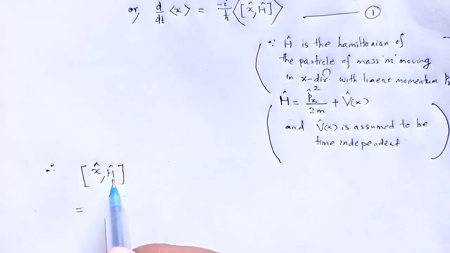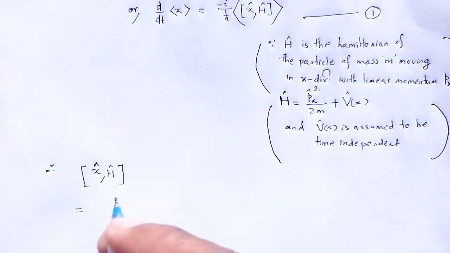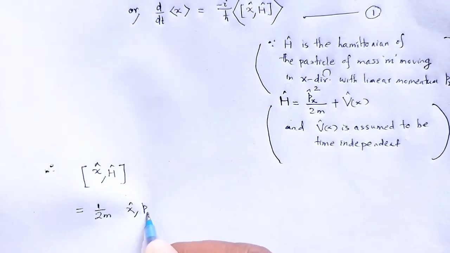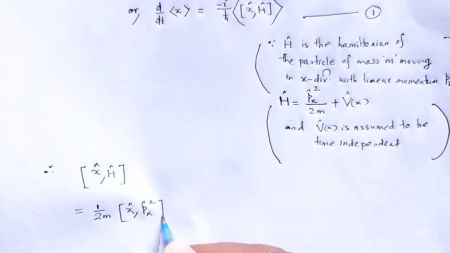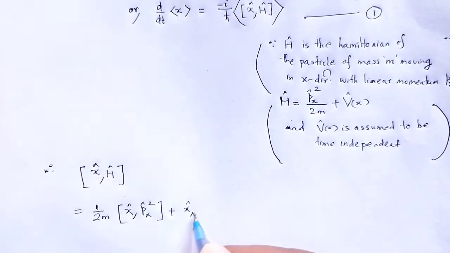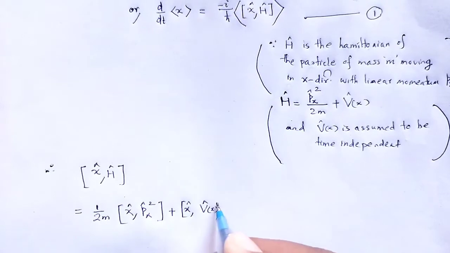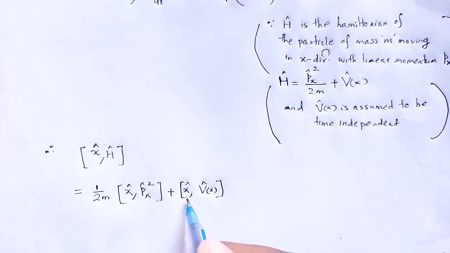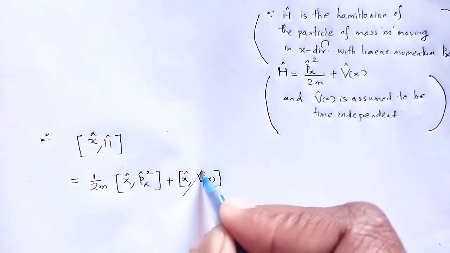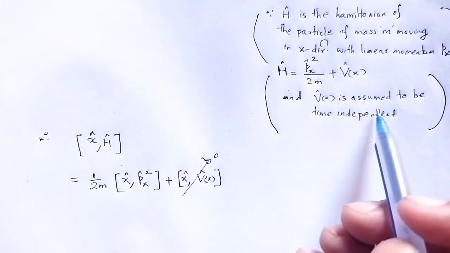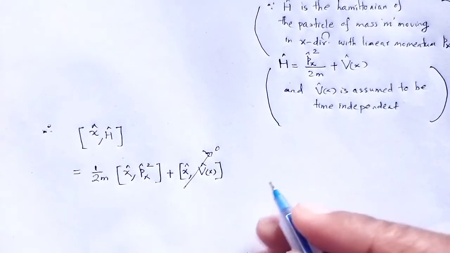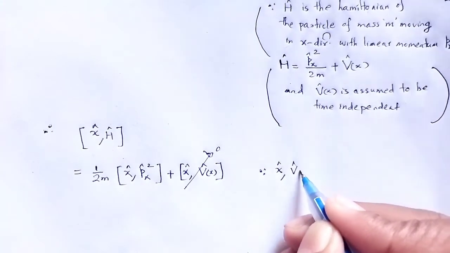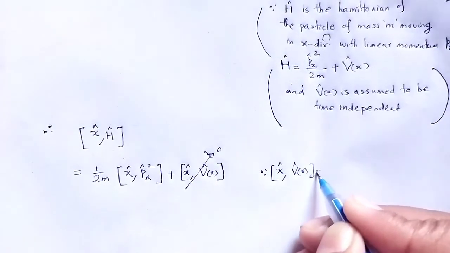When we put the value of h cap, that will be 1 by 2m commutator of x cap and px cap square, plus the commutator of x cap and v of x. The value of that will be 0 since v of x is assumed to be time independent and it is a constant term.